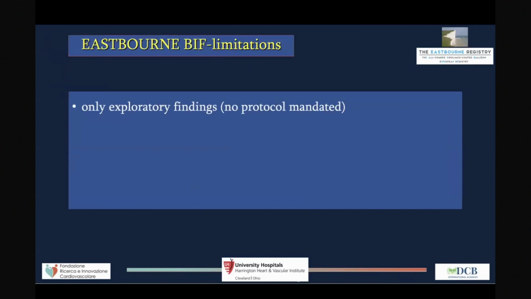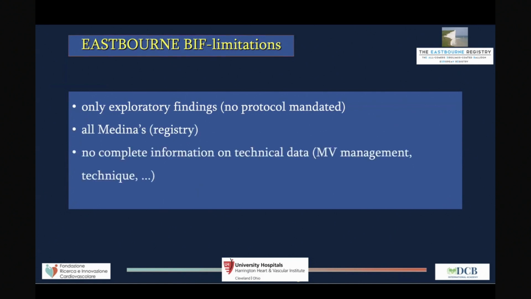We have several limitations. These are only exploratory findings, not protocol mandated. It's just a registry. We have no specific information on the technical data for how main vessel or side branch were treated, how DCB were applied. Some of them, unfortunately, were applied with a kissing balloon, which is something that today we discourage, and I agree with Bruno on that.